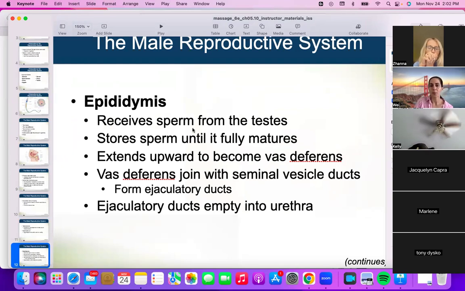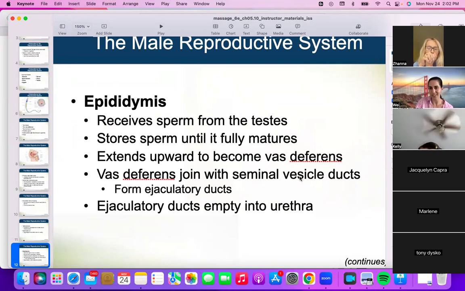They receive sperm directly from the testes. The sperm get stored there until they become mature. They extend upward into the duct of the vas deferens, where that joins into the seminal duct.